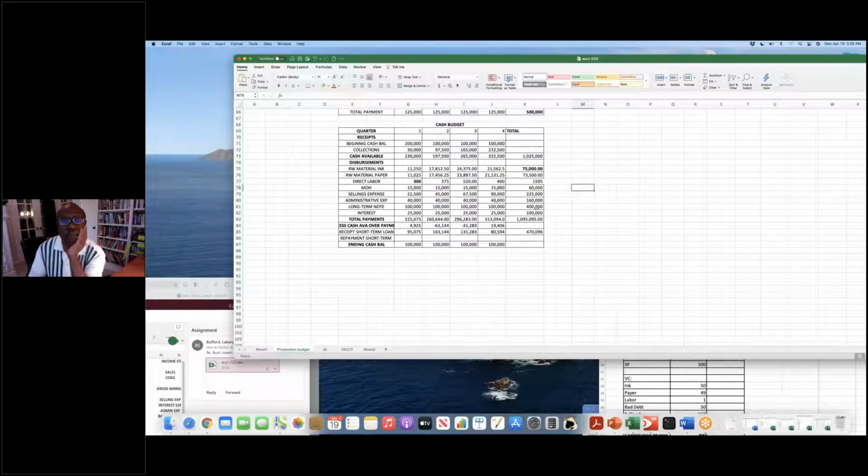Where would your dollar be? Let me see. Were we supposed to round this or not? Okay, the total is off by $1. So some number is off by $1.